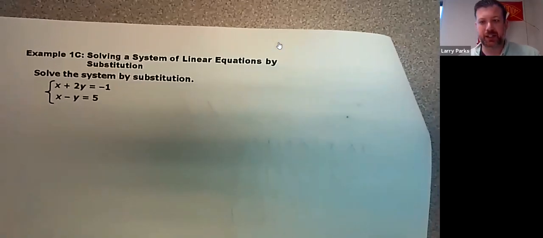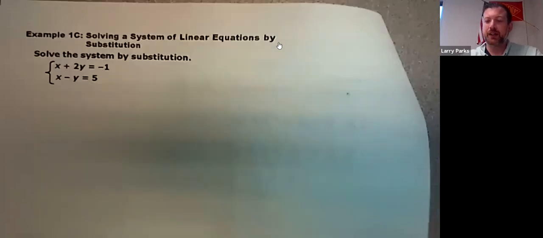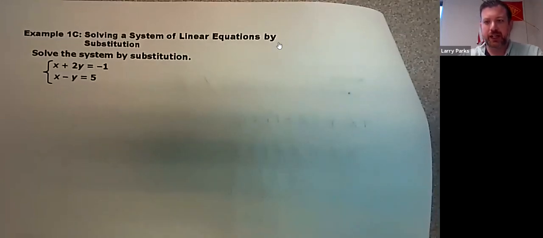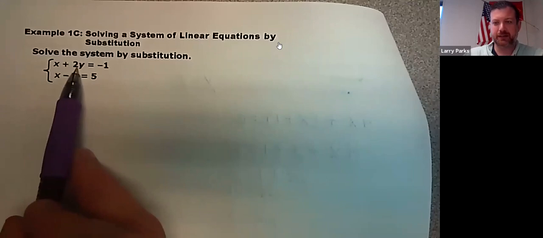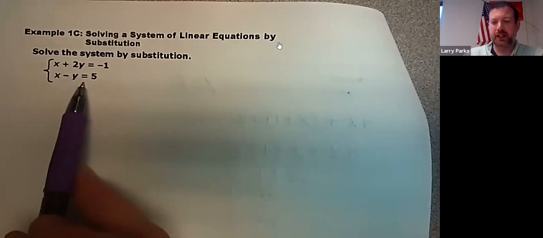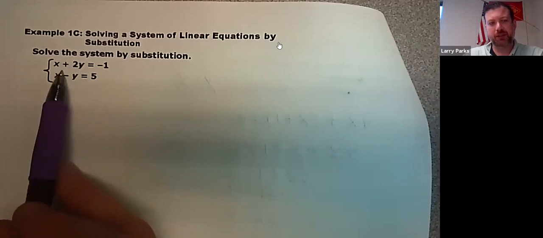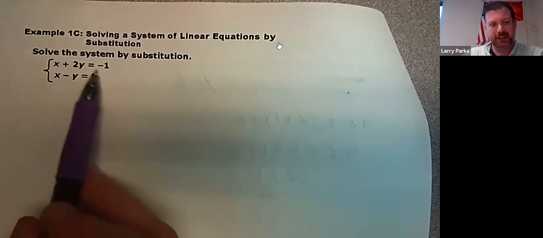So I need to show you an example where you have two equations and neither of them are isolated for a variable. So what I mean by that is x and y are not isolated. So we need to take one of these equations and isolate for one of the variables, your choice.